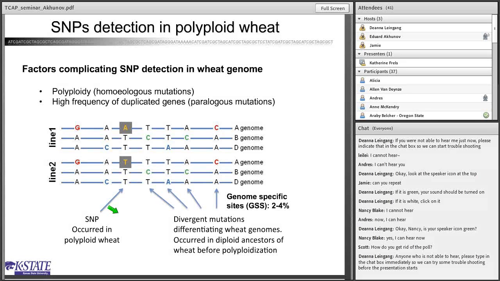Like in this particular case, mutation happened in the A genome of one of the accessions, that resulted in conversion of T base to A base, and this is the true polymorphic site, and that's what we're trying to detect during the analysis of genetic variation in polyploid system.